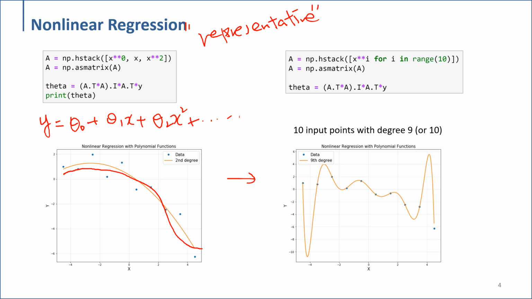However, when we keep increasing the number of terms, the model becomes too representative, and it may cause a problem called the overfitting problem.